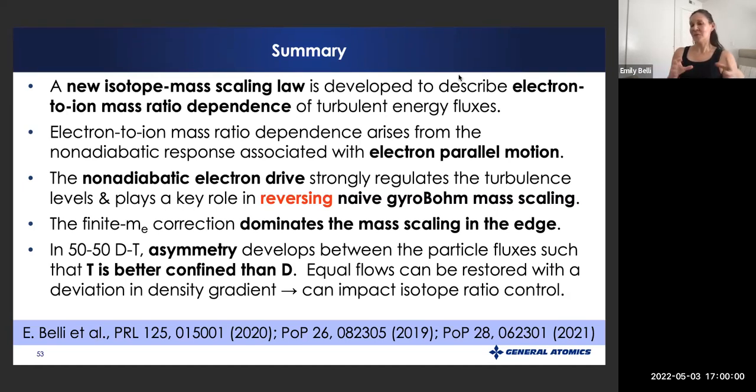If you knew what the fluctuations were in delta phi, you could predict what the scaling would be for the energy flux. So that's indicating that it is the strength, the intensity or amplitude, and not the cross phase that is giving this effect. So I don't think you would need a complicated measurement like that.